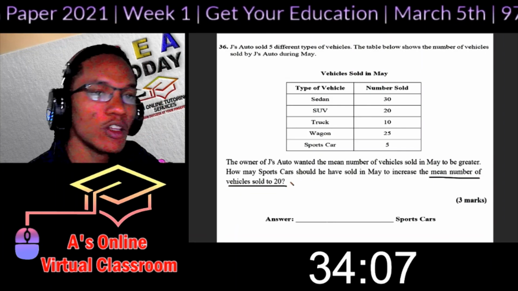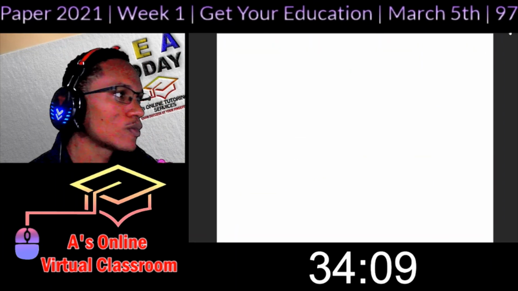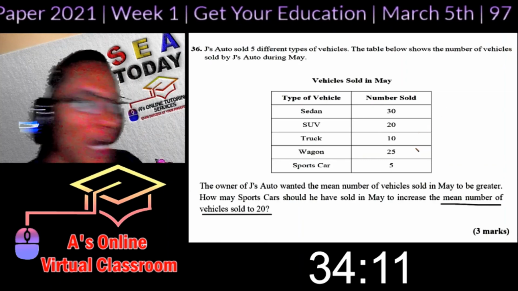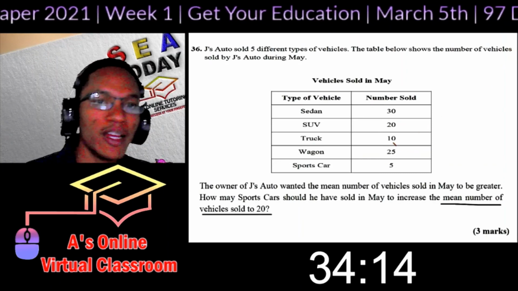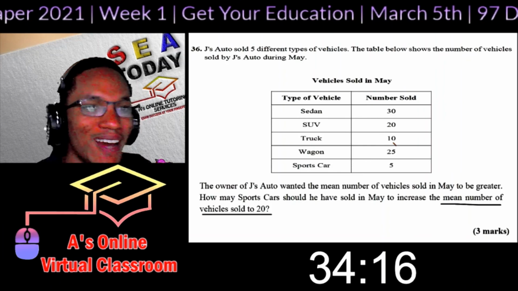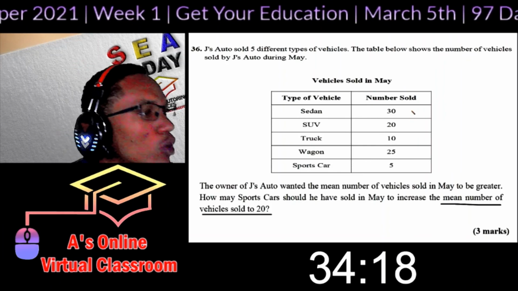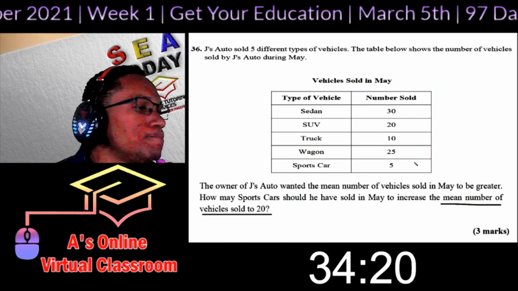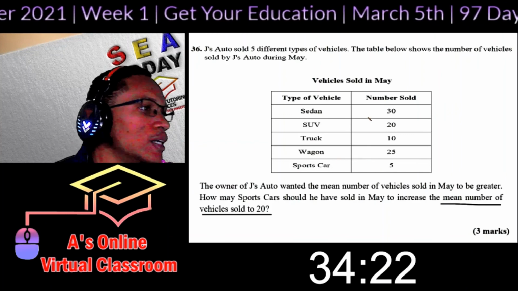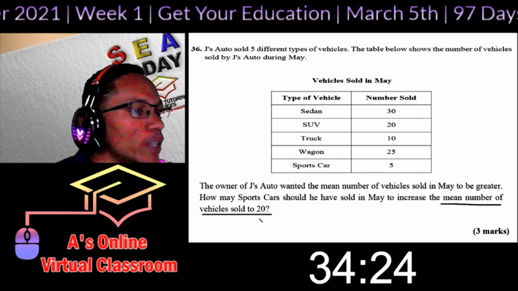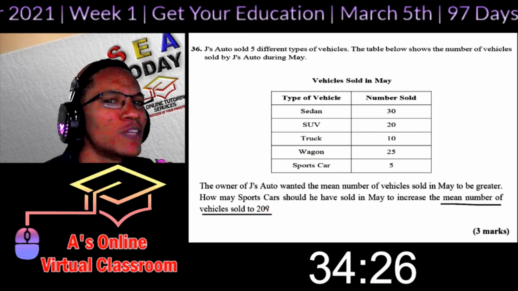So mean is another word for average, and we know when you find any average, we're adding up everything and then dividing by the number of things we add. So for us to be able to raise the mean to 20, we first have to figure out what the mean is right now.